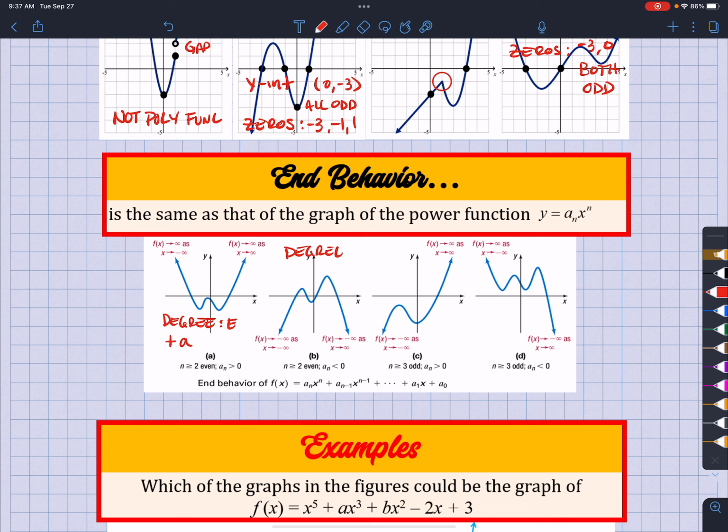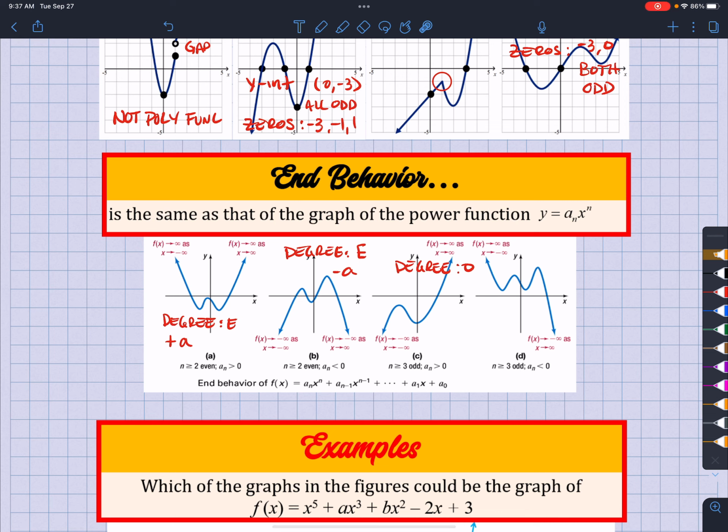Degree odd, negative a. Over here, as x goes to positive infinity, y goes to positive infinity, and as x goes to negative infinity, y goes to negative infinity. I know that this degree is odd. Oops, sorry, this is supposed to be even.